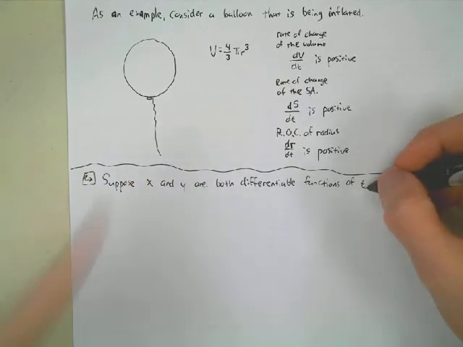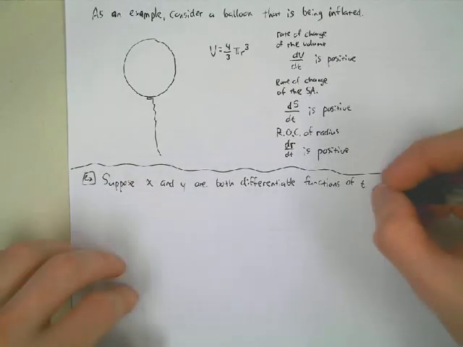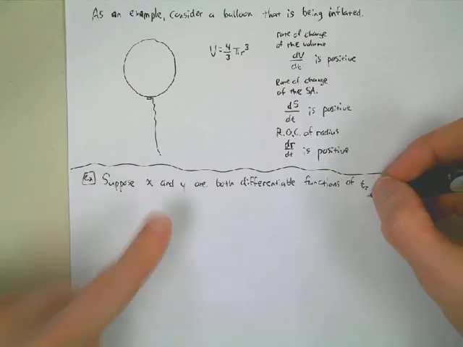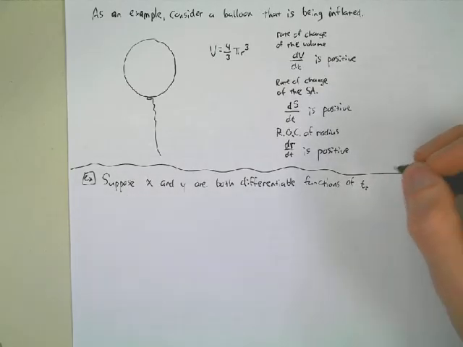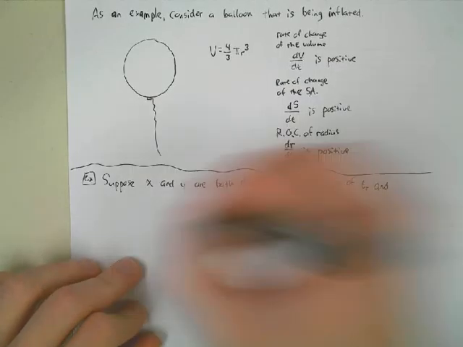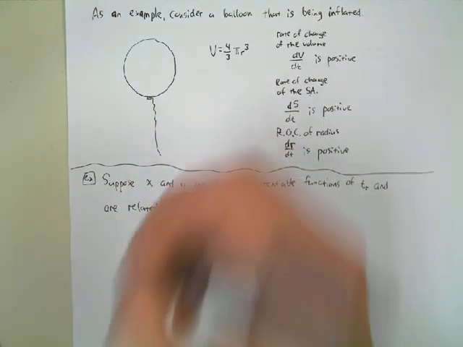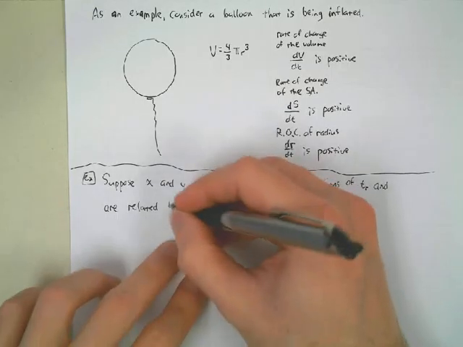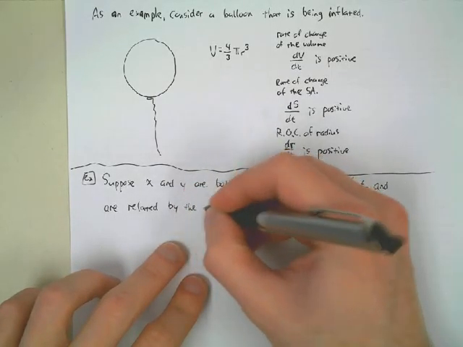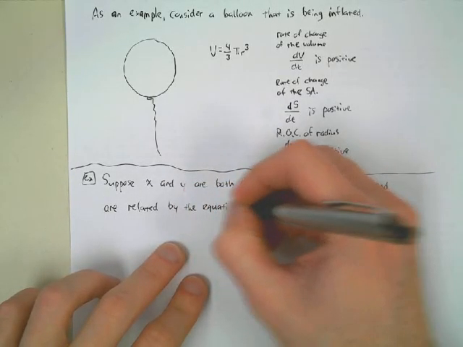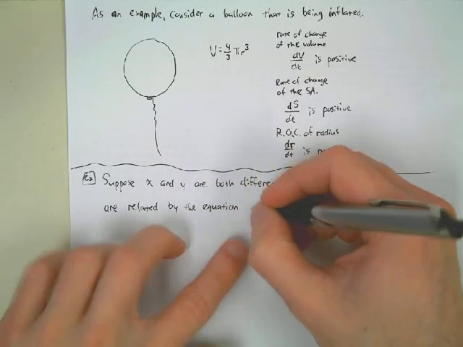Again, t, we're talking about time basically here. So suppose x and y are both differentiable functions of t and are related by the equation y equals x squared plus 3.